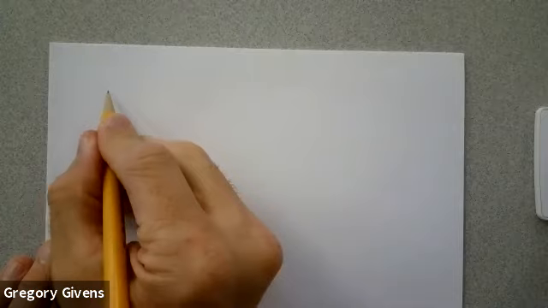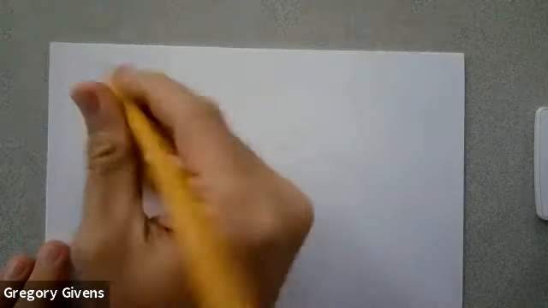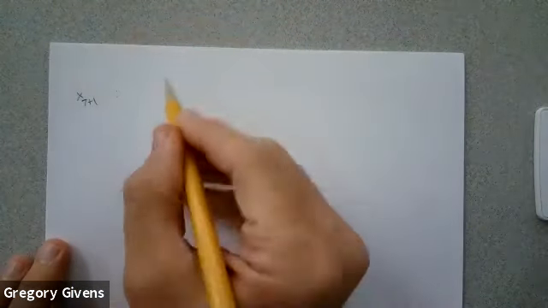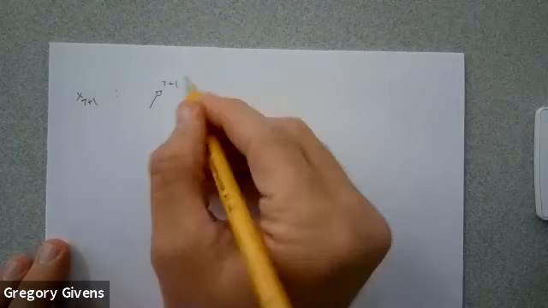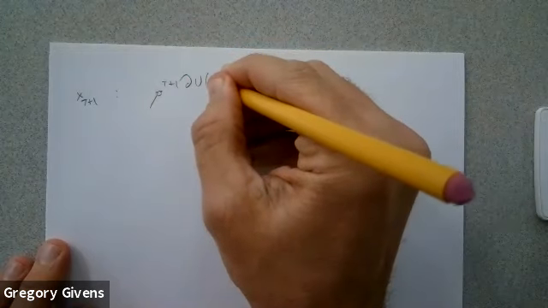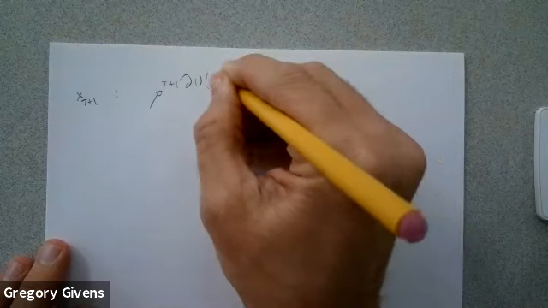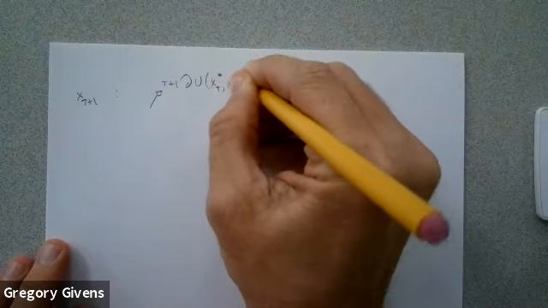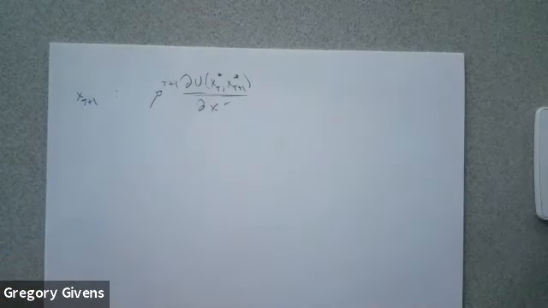So the first order condition with respect to x T plus 1 would look like the following: beta to the capital T plus 1 times the partial of u of x T, x capital T plus 1 with respect to the second argument.